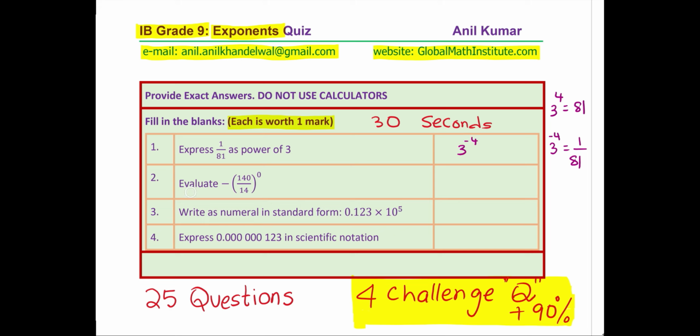The next question is to evaluate minus 140 over 14 to the power of 0. Now anything to the power of 0 is what? The property, as you know, is anything to the power of 0 is always 1. Do you know why? Well, simple as that. You could do something like this.